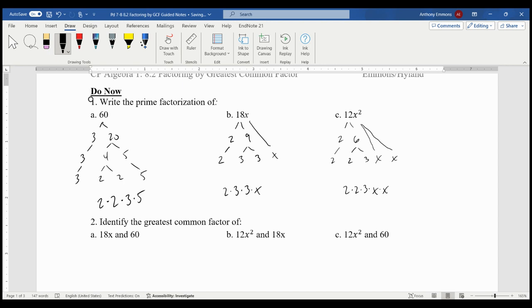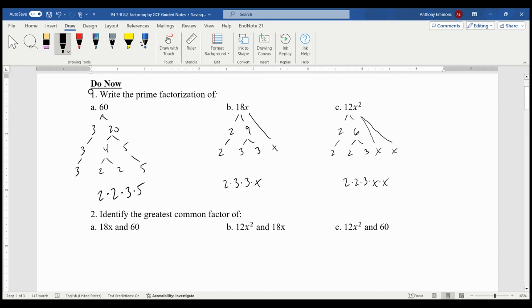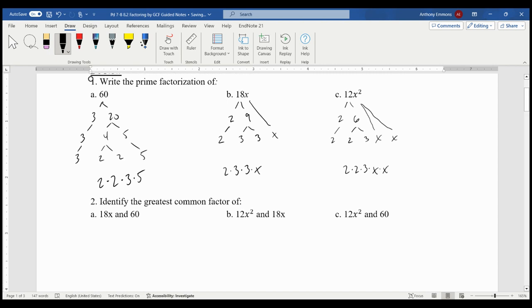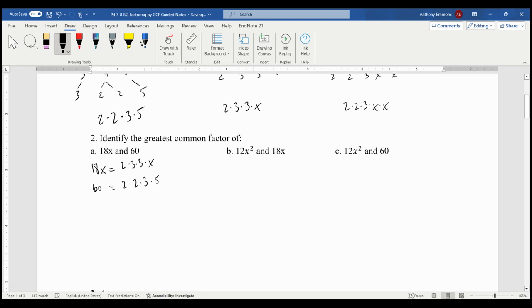And so now in part 2, if I'm looking to find the greatest common factor of 18x and 60, I can say 18x was equal to 2 times 3 times 3 times x, and the 60 was equal to 2 times 2 times 3 times 5, and the greatest common factor will be what they have in common.